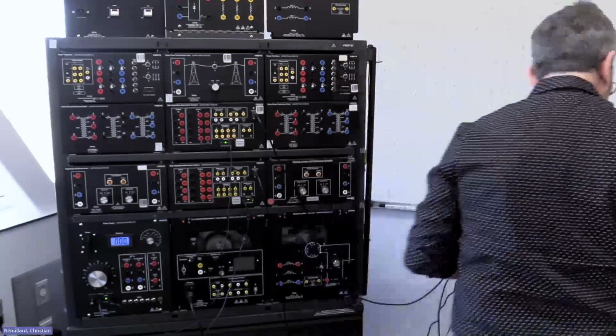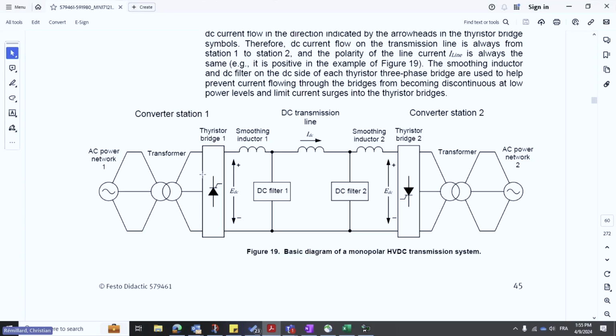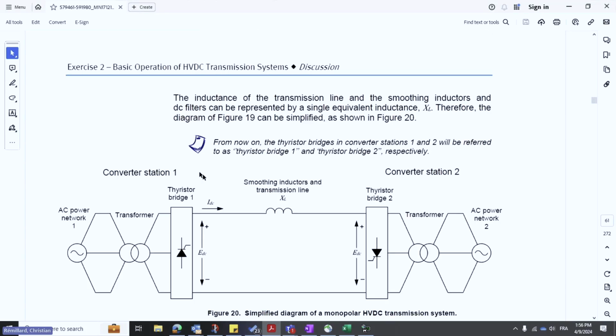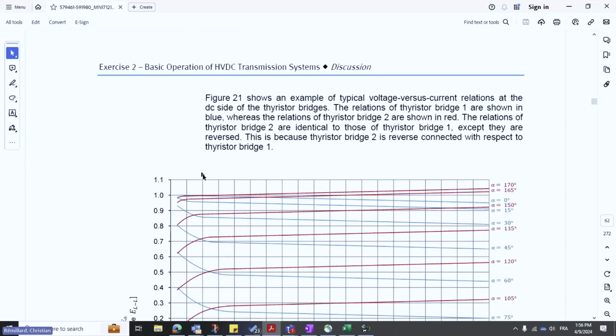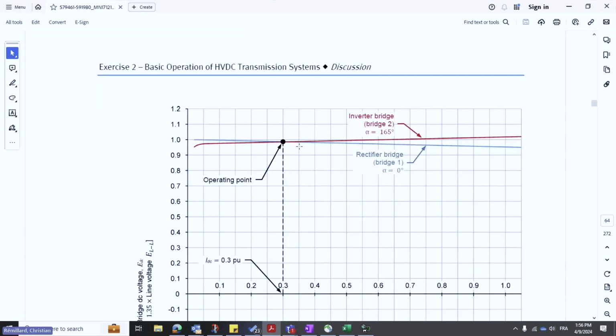Now if we look at the exercise itself in the manual, we are here at exercise 2 in the HVDC course, as I was telling you. It goes at length to explain how these devices work and how to configure them to get our operation point set at the right location for our needs.